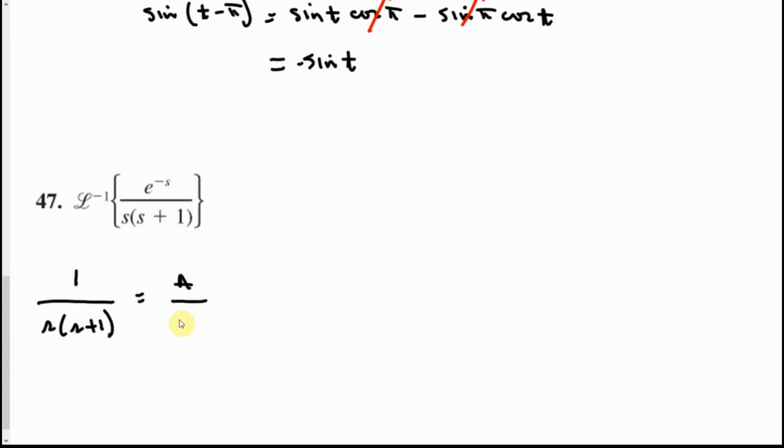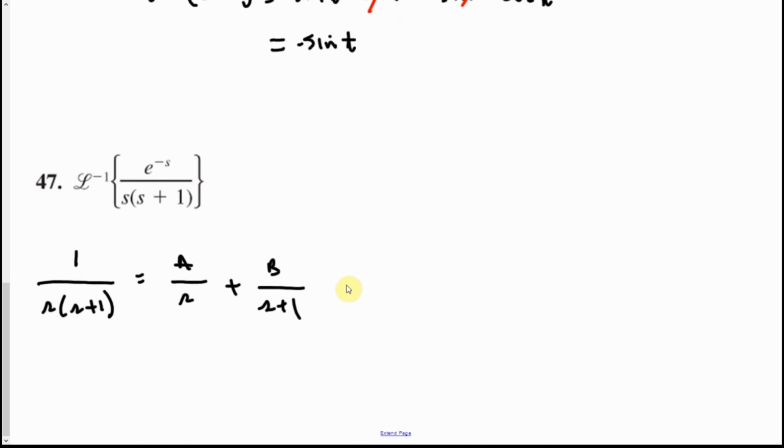This is a over s, why is my head hurting, plus b over s plus 1. So this is 1 is equal to a times parentheses s plus 1 plus b times s. If you let s equal 0, then you get a is equal to 1.